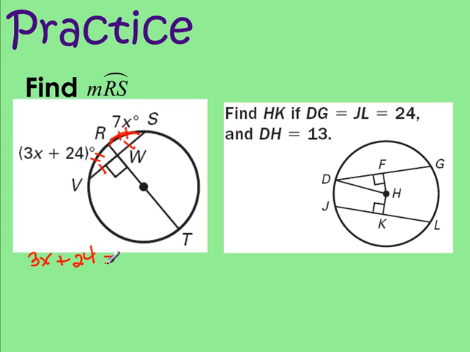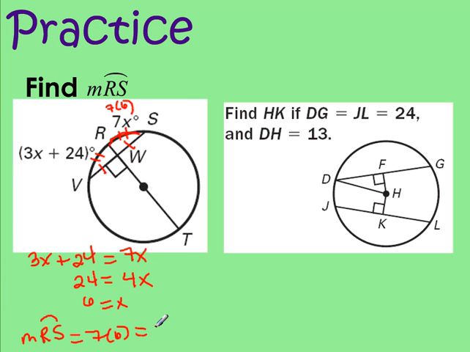So 3x plus 24 will be equal to 7x. In solving, I'm going to have that 24 is equal to 4x, and x will be equal to 6. Because x is equal to 6, I can substitute that in and find out that the measure of arc RS is equal to 7 times 6, which would be 42 degrees.